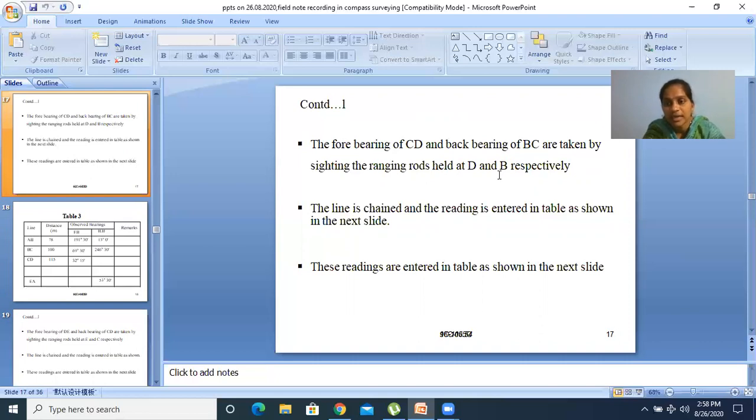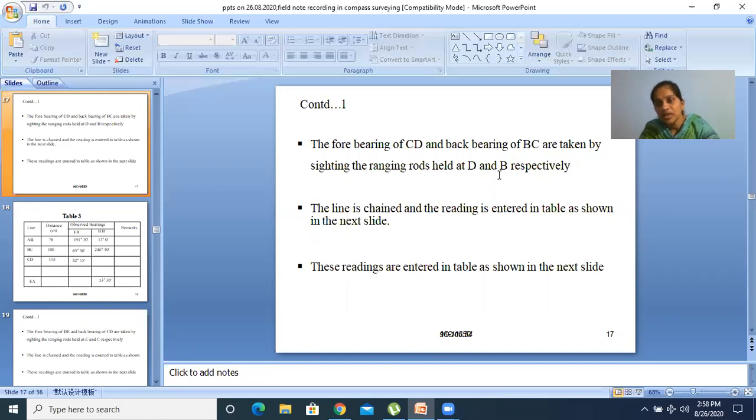After centering and leveling, we will take two bearings: the fore bearing of the forward line, that is the CD line, and the back bearing of the previous line, that is the BC line.